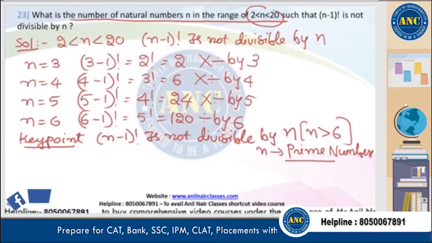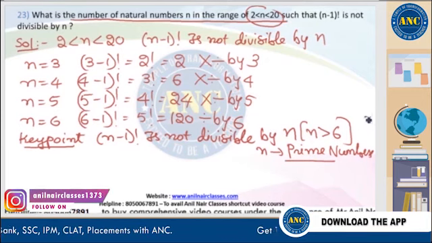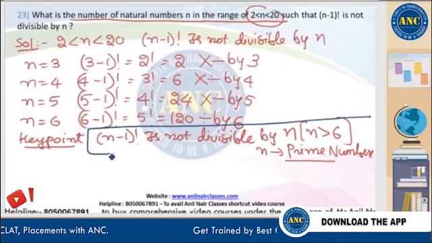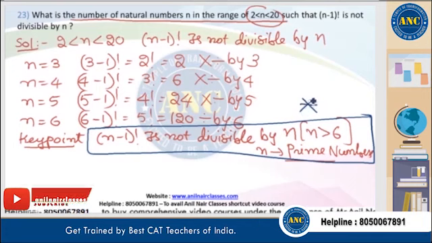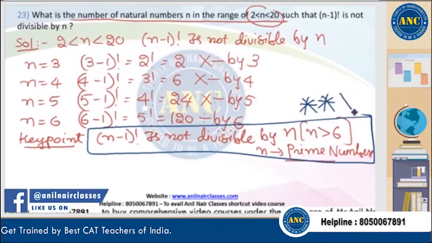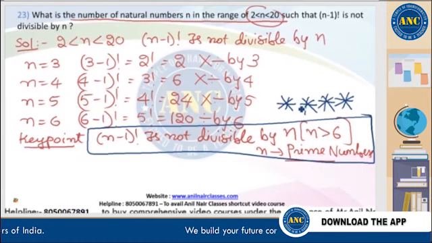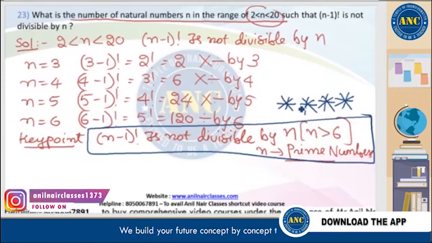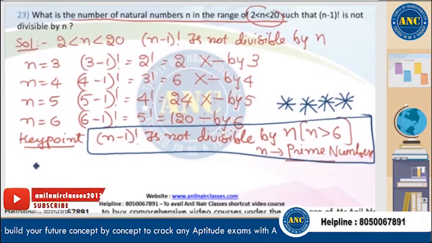Extremely important point. For n greater than 6, n minus 1 factorial is never divisible by n as long as n is a prime number. So till 6 we have taken.